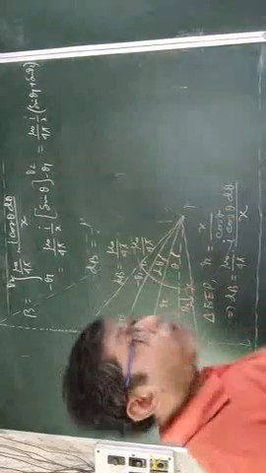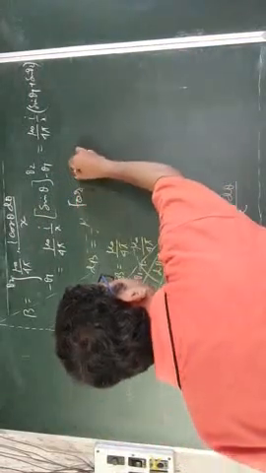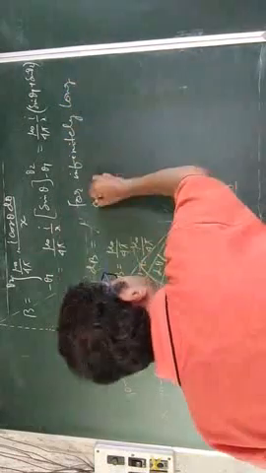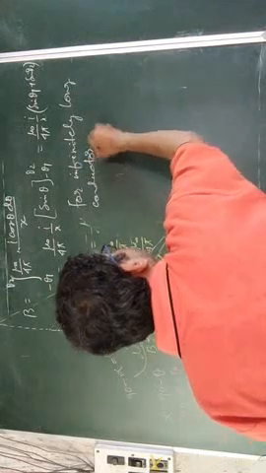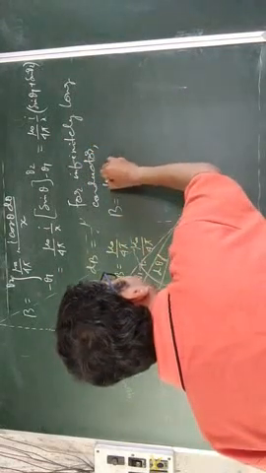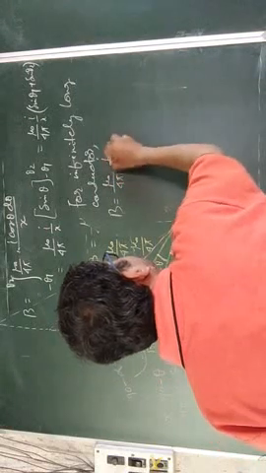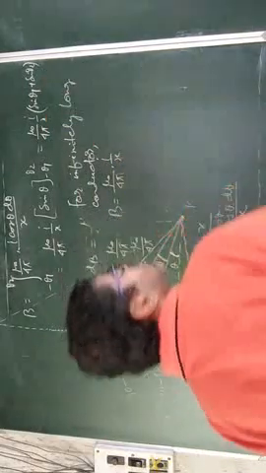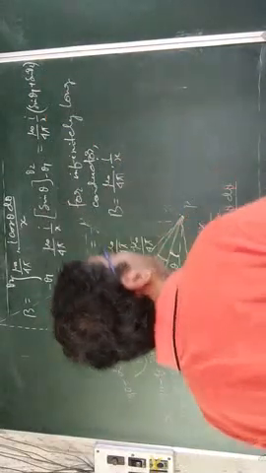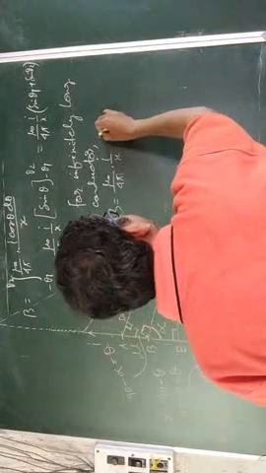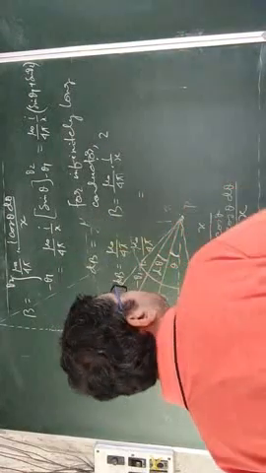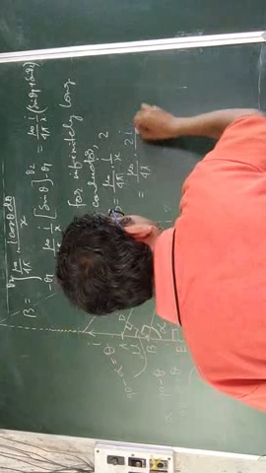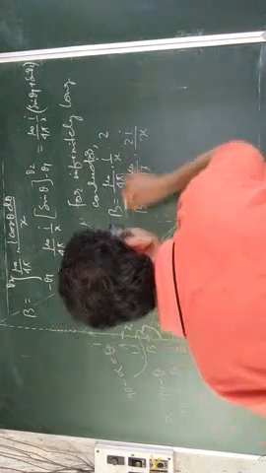For infinitely long conductor, B is equal to mu naught upon 4 pi I by x into sin 90 plus sin 90, 1 plus 1, that means 2. So B is equal to mu naught upon 4 pi into 2I by x.